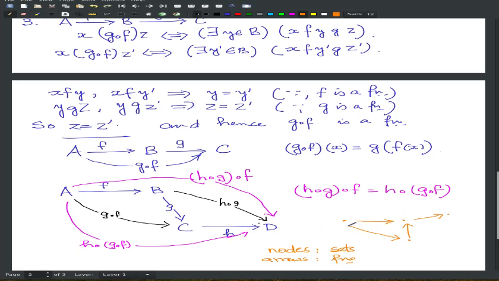Next thing is, sometimes we will say this diagram commutes. What do I mean? If you take any two nodes, and if there are two paths, we might think of these as denoting some paths. So one path in this diagram is this one, and the other path is this.